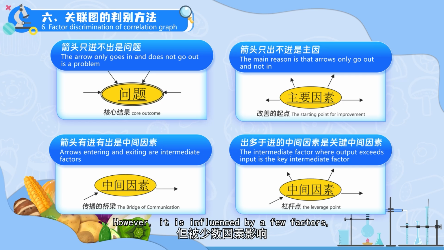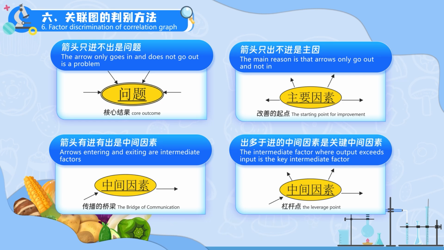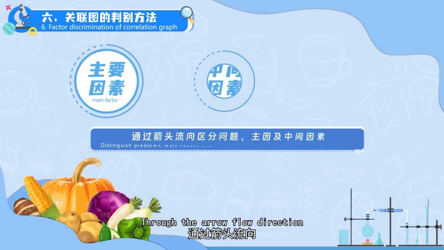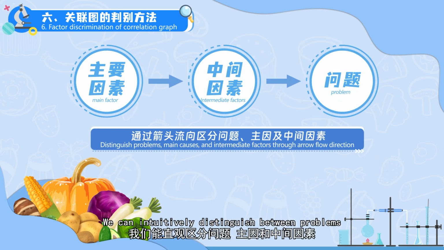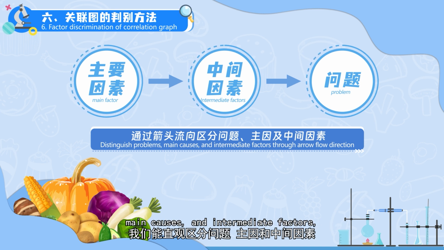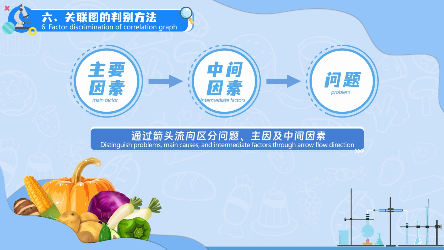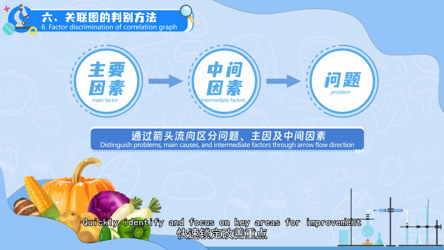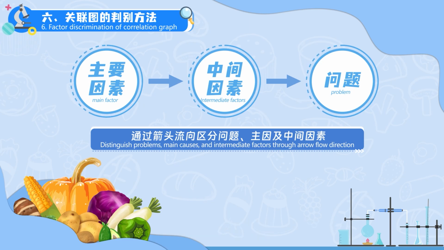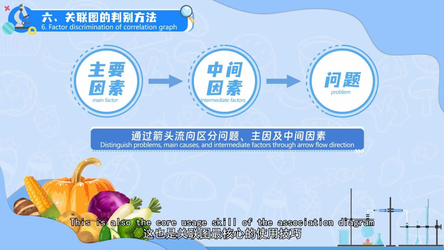However, it is influenced by few factors. It is often the leverage point. Through the arrow flow direction, we can intuitively distinguish between problems, main causes, and intermediate factors. Quickly identify and focus on key areas for improvement. This is also the core usage skill of the association diagram.